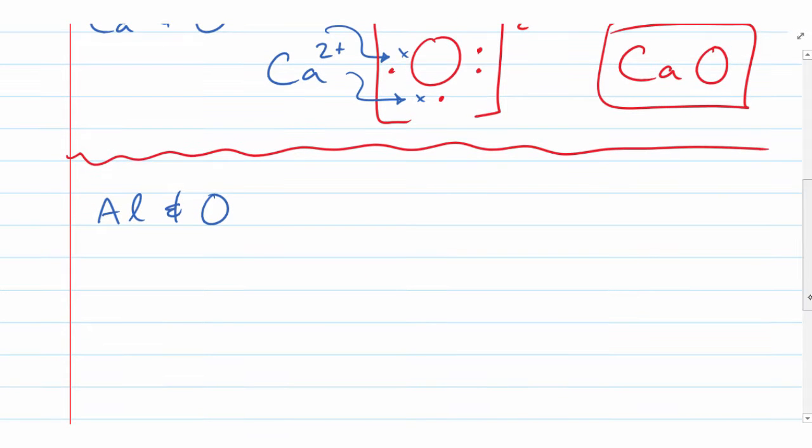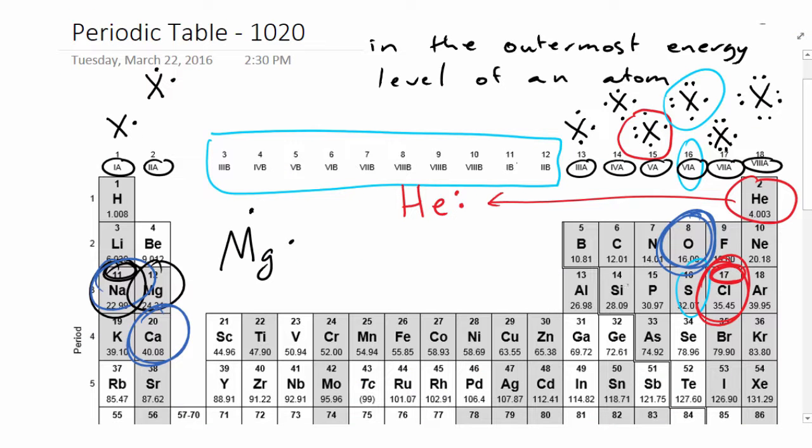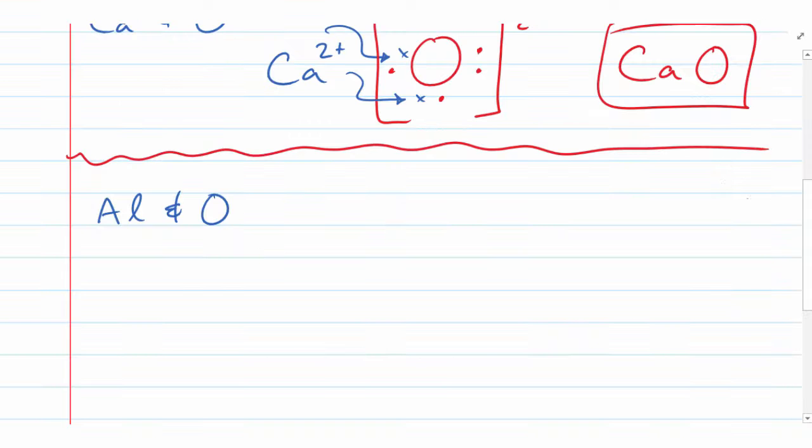Then if we do aluminum and oxygen, how many valence electrons here for the aluminum? 3. Good. And again, how many for the oxygen? 6. So we come back here. We write in aluminum with its 3 valence electrons. Oxygen has its 6 valence electrons.